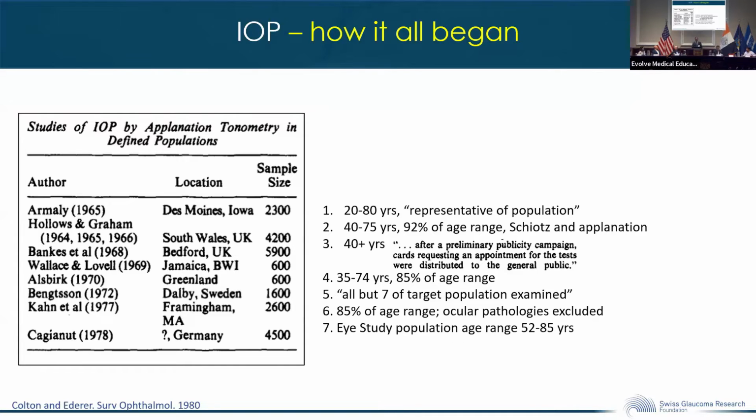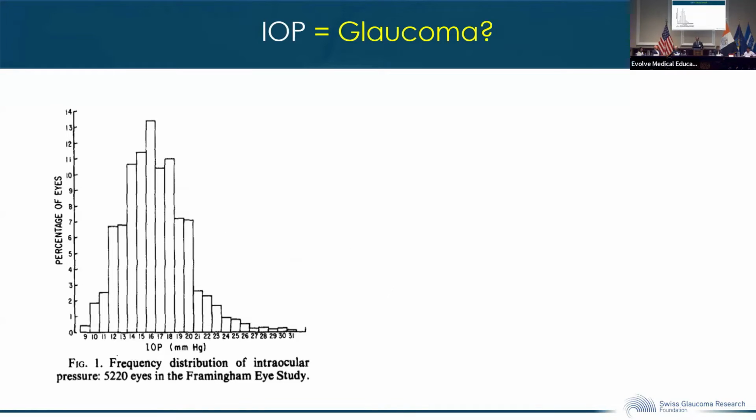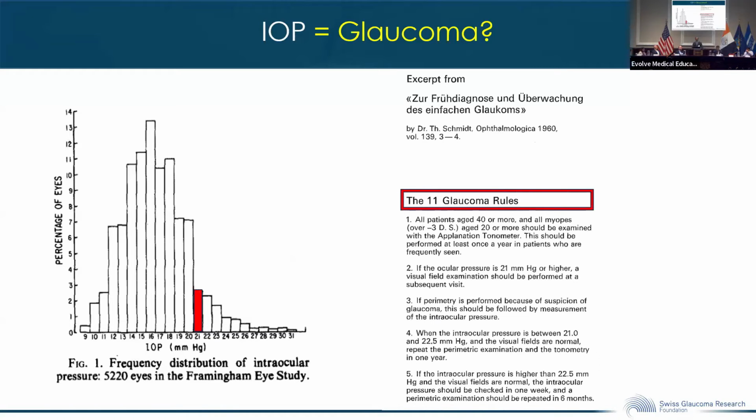For example, the study from southern Germany did not report the location where it was conducted, nor the sample size of its population. But we arrived at these numbers, and here you see from the Framingham eye study subset that these numbers, around 15 on average, with 22 being 2 standard deviations away, were also observed. Therefore, based on that, glaucoma was defined and treated at a number of 21 millimeters of mercury.